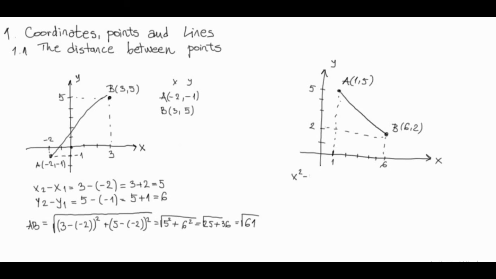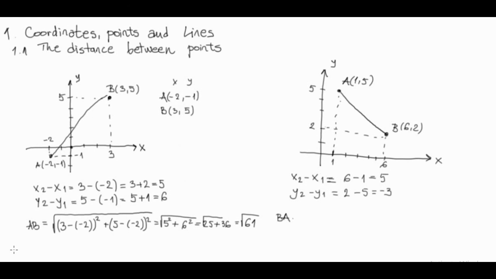So we have x2 minus x1 to determine the length, which is 6 minus 1 equals 5, and y2 minus y1, we have 2 minus 5 equals minus 3.